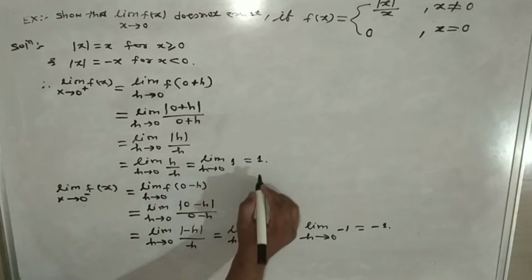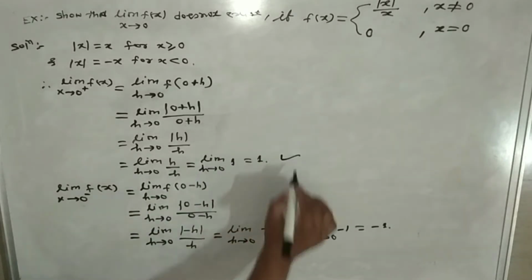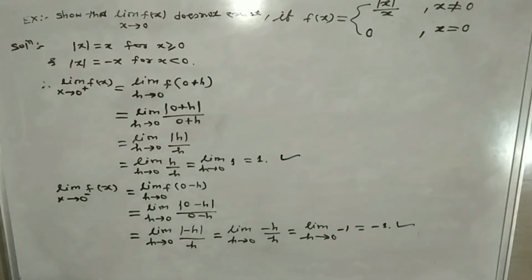So this right hand limit and this left hand limit are not equal, and if they are not equal, the limit of a function f of x as x tends to 0 does not exist.